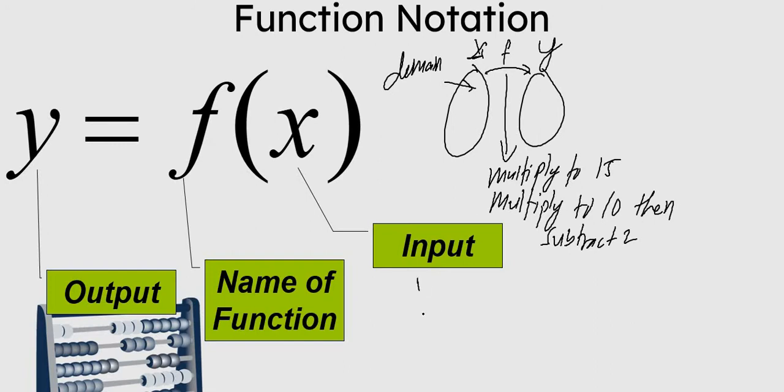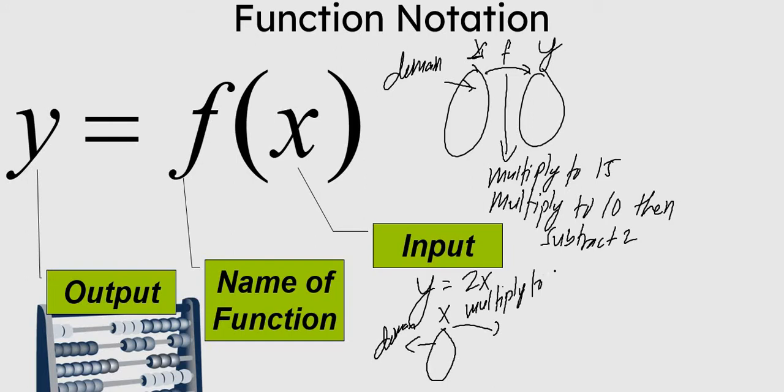Say, for example, we have y equals 2x. This, we all know that this equation represents that for every x in our domain, we will have to multiply to 2 to get to our y.